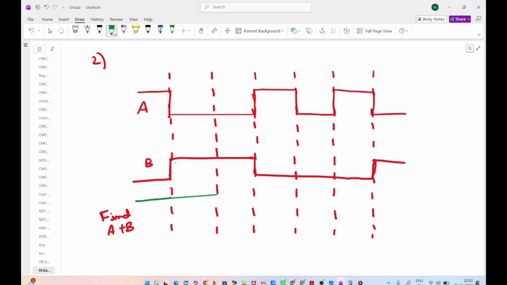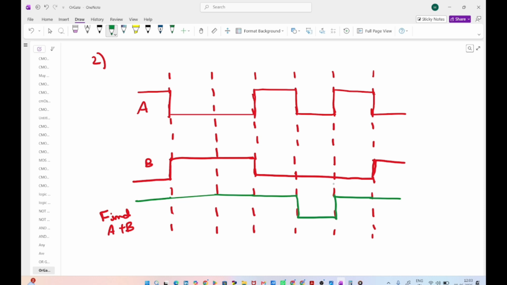In the next case also A input is 0, B input is 1, the output is 1. In this case, A input is 1, B input is 0, the output is 1. In this case, A input is 0, B input is 0. Here in the next case, A input is 0, B input is 1, the output is 1.